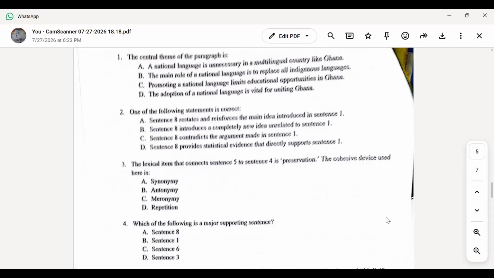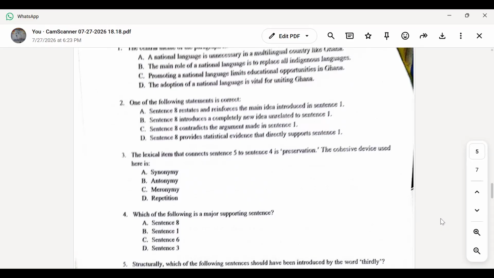C. Sentence 8 contradicts the argument made in sentence 1. D. Sentence 8 provides statistical evidence that directly supports sentence 1. What should it be? A.